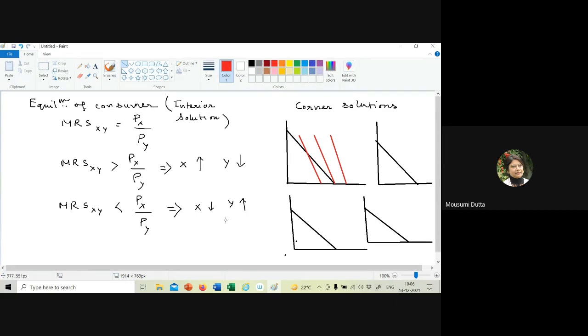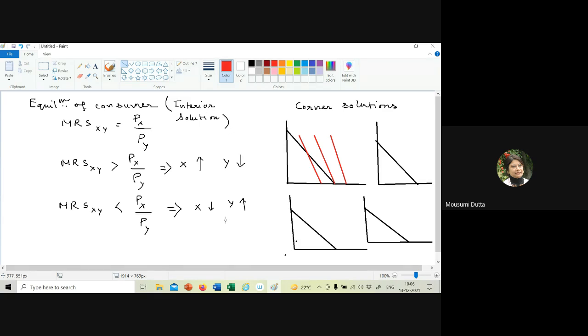When the commodities are perfect substitutes to each other, what will be the shape of the indifference curve? Anyone? Linear, very good. If X and Y are perfect substitutes to each other, the indifference curves are nothing but negatively sloped straight lines.